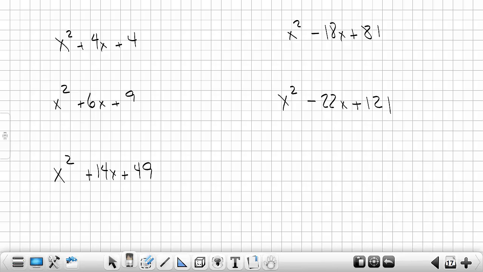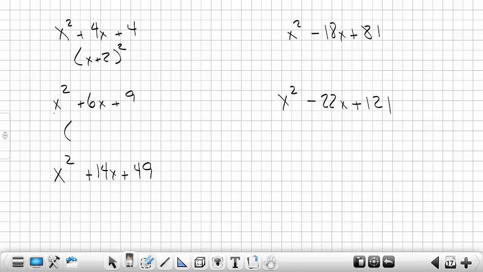Okay, guys, when you're seeing these perfect square trinomials, remember, they can get a little bit more complicated, and I'll show you in just a second. Let me just give myself a little more room. Since that's a square and that's a square, that's x, that's 2. And that's double 2.